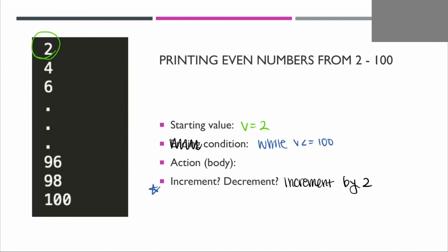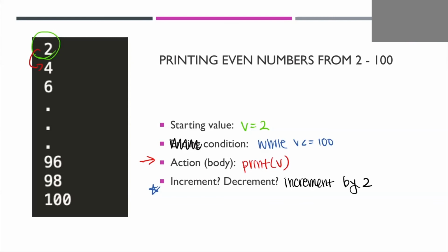Then what would our action be here, if we're incrementing by 2? We're just going to print that value that we obtain each time.